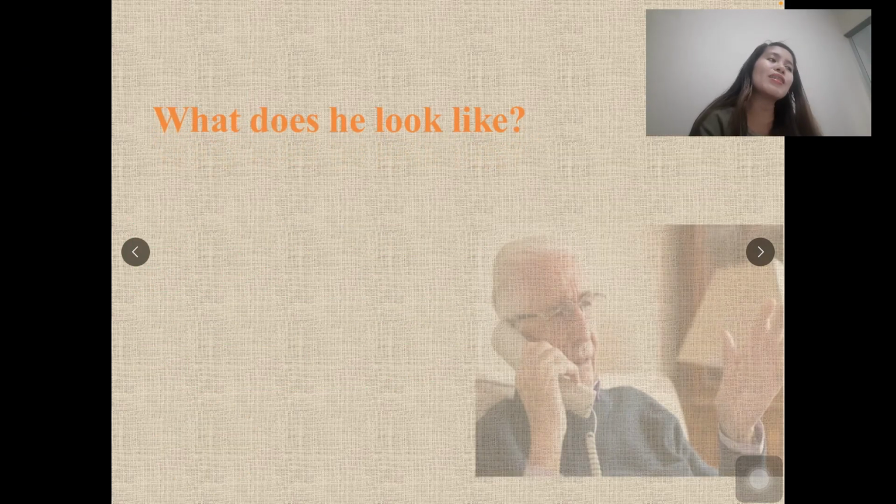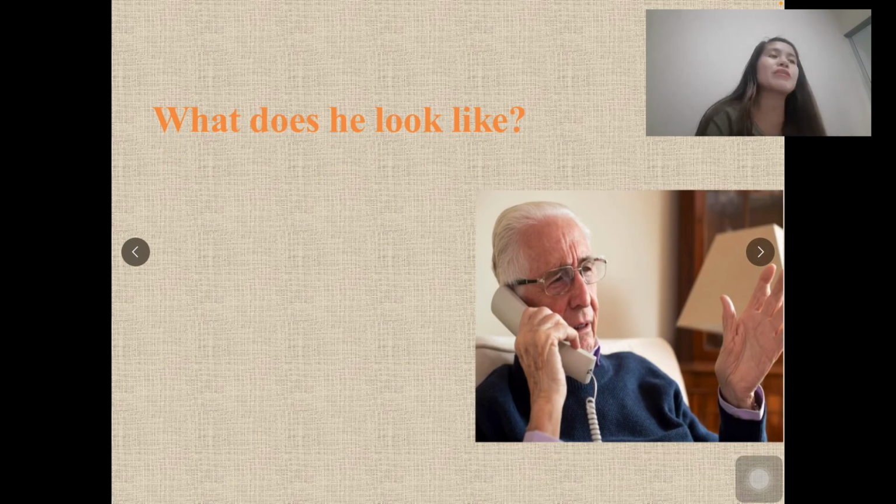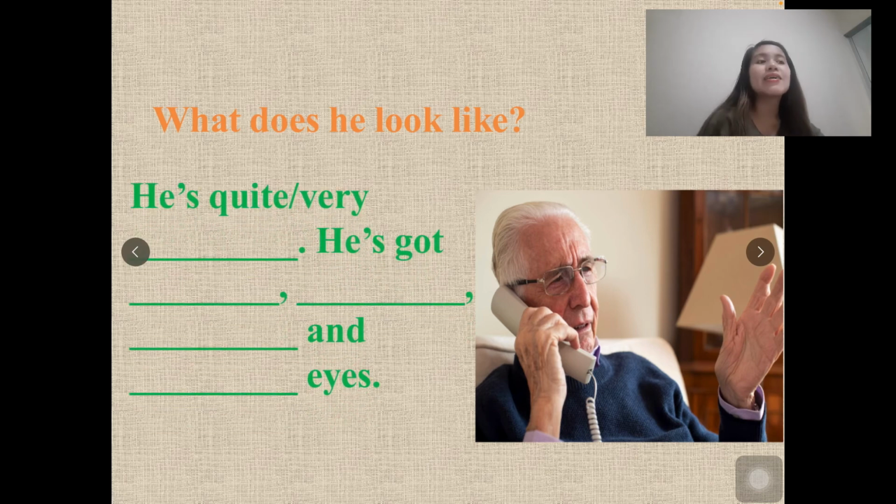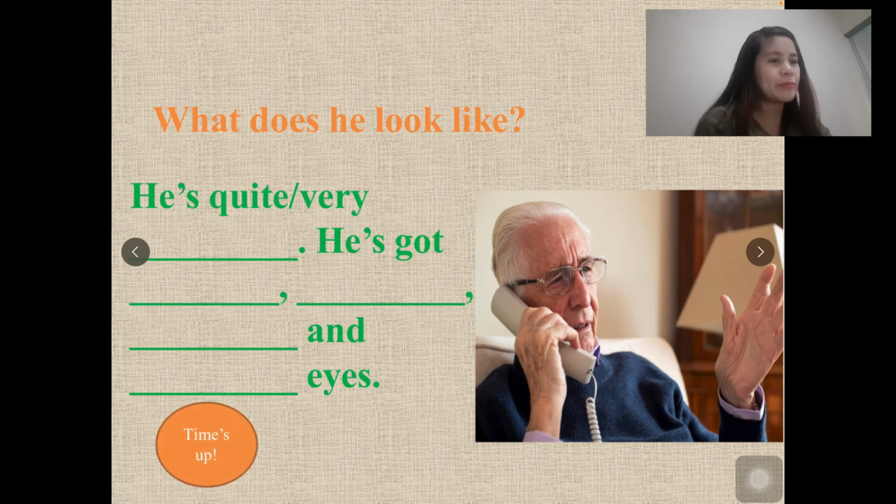Okay, and then what about this man? What does he look like? What does this man look like? Are you ready? Alright, so let's have the timer start now. Okay, time's up. So let's answer.